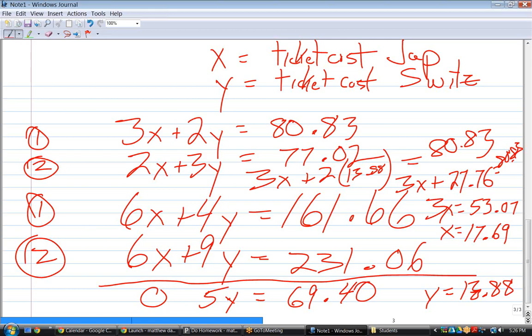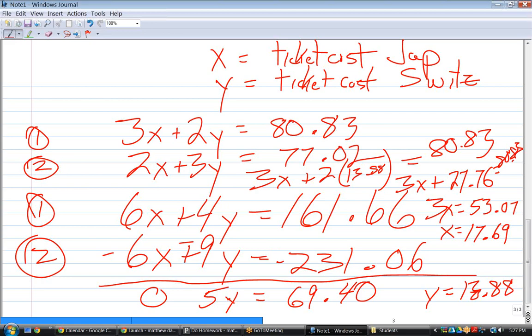It's less likely to make a mistake. But in this case, I'm not sure that's necessarily true, because if I multiply the top by 2 and the bottom by -3, I put a negative there, and there, and there, and now I can add these 2 equations to get x to go away.